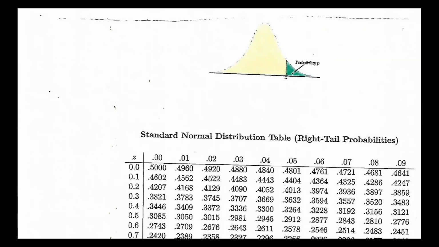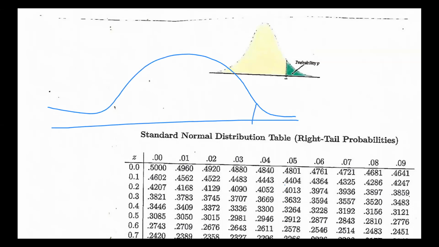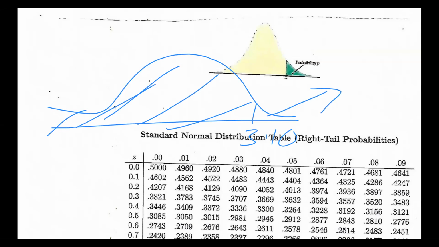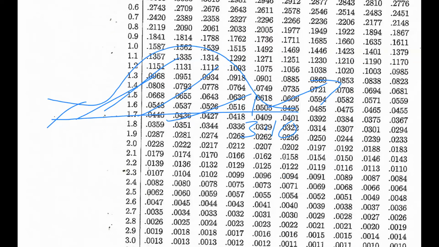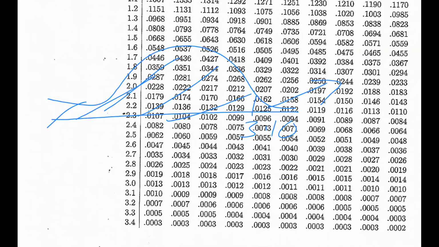Okay, so we are looking for the area less than 3.10. But this table is giving us the area which is on the right, isn't it? Yes, sir. So you just go where there is 3.10. Where is 3.10? It's here, right?